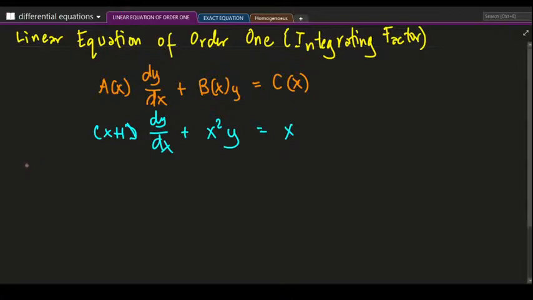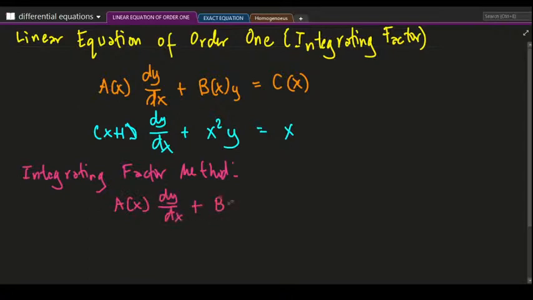So you could have this as the integrating factor method. If you are going to do this method, we will just copy first our standard form. So we have now the standard form.